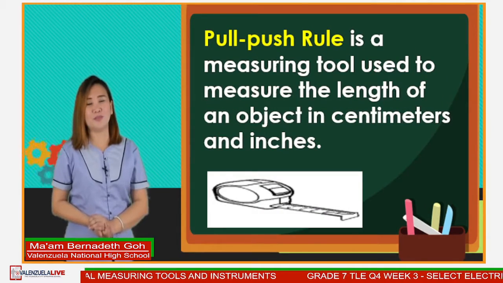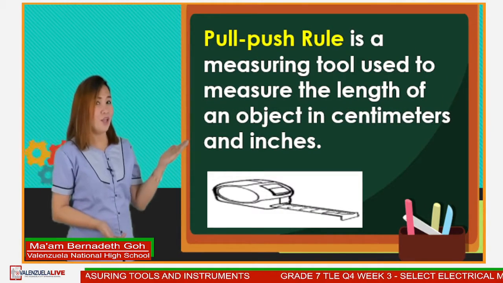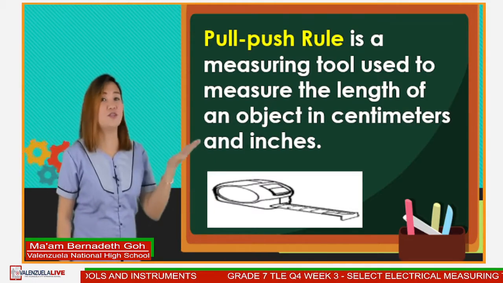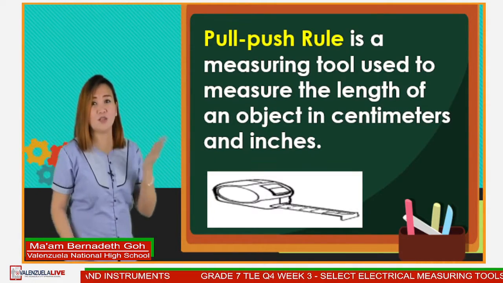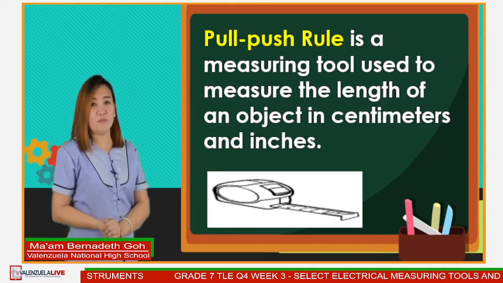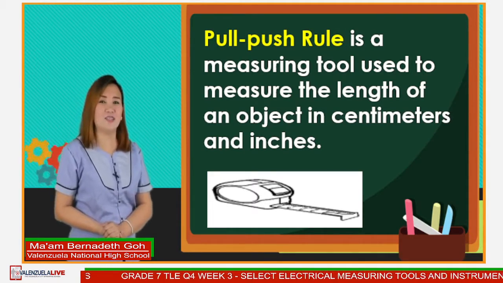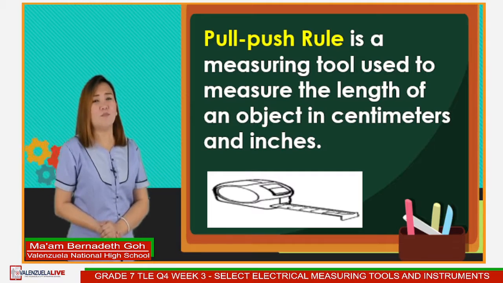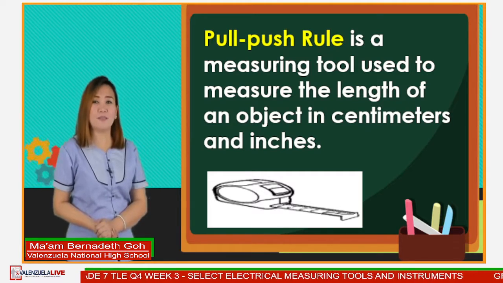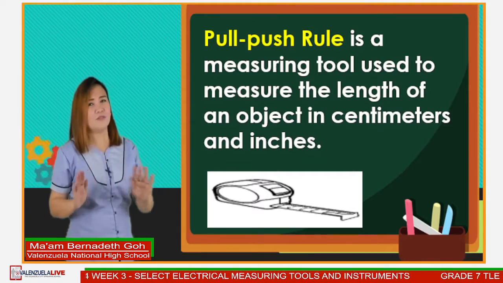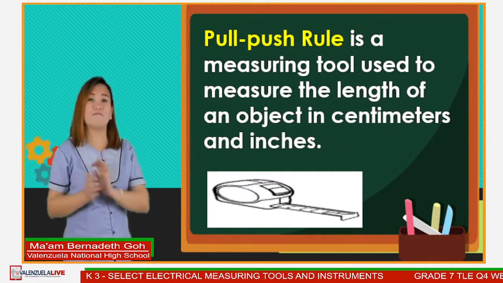Another measuring tool is pull-push rule. This measuring tool is used to measure the length of an object in centimeters and in inches. The pull-push rule comes in lengths from 5 or 6 feet up to 25 feet long.